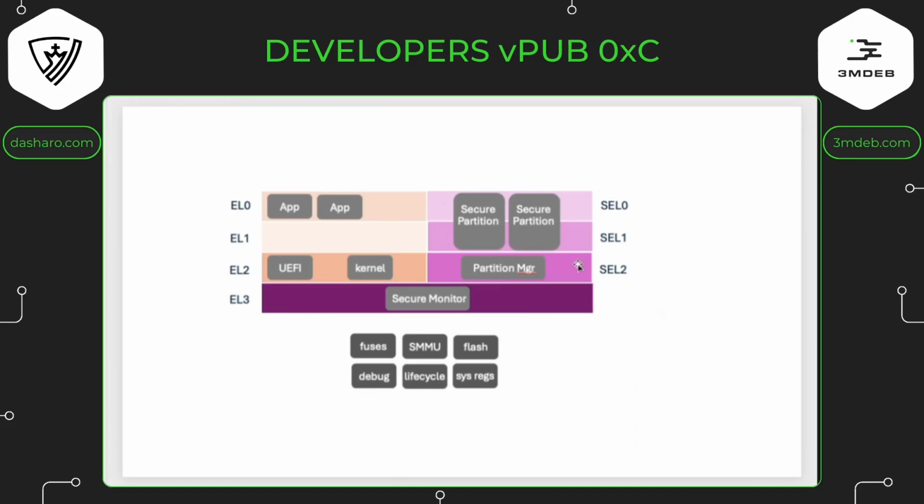So the challenge for security assessment is that, as you can see in some boxes below, things like fuses, debug state, the life cycle of the system, flash, and other system registers are basically not accessible at all to the normal world.